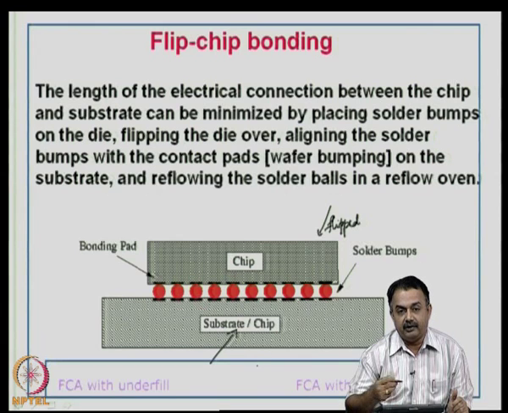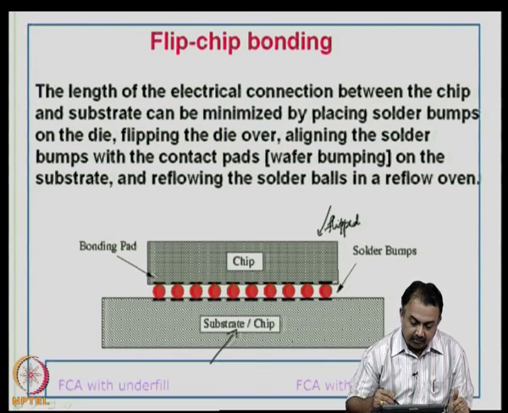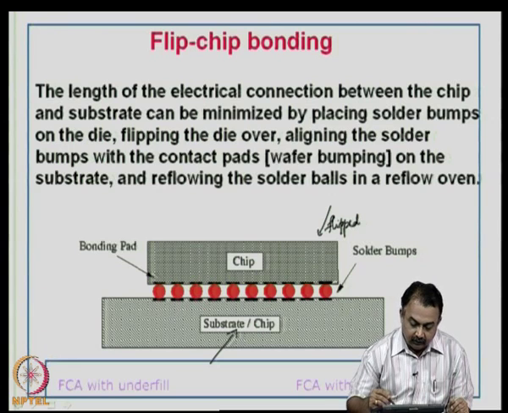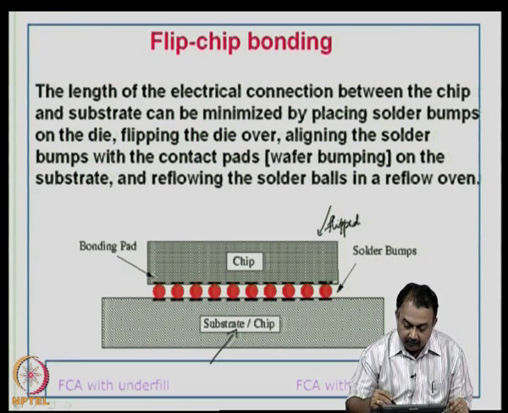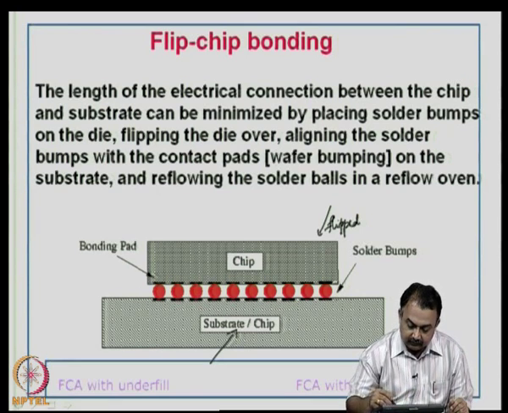So, it is a kind of integration like a system in package configuration, but for this example of defining what is flip chip bonding, let us look at it as a simple substrate. It can be an organic substrate or a ceramic substrate. Now, you can see that there are bond pads at the chip side and then there are the bumps.